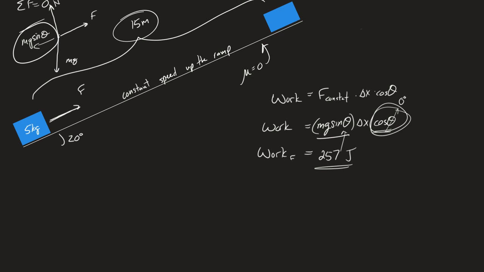What's the angle between the component of gravity down the ramp and the displacement? It's not 0.